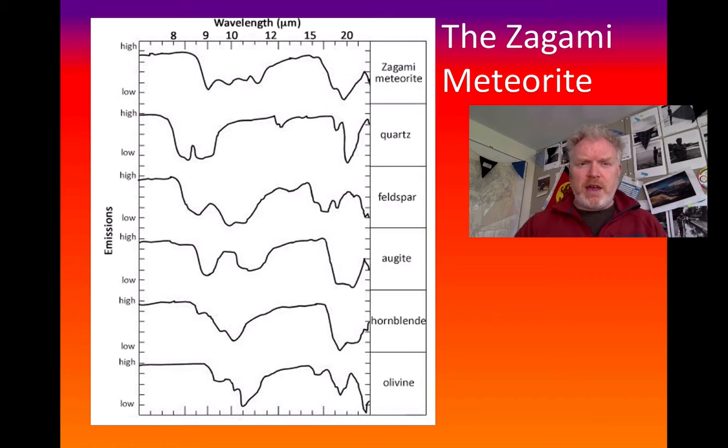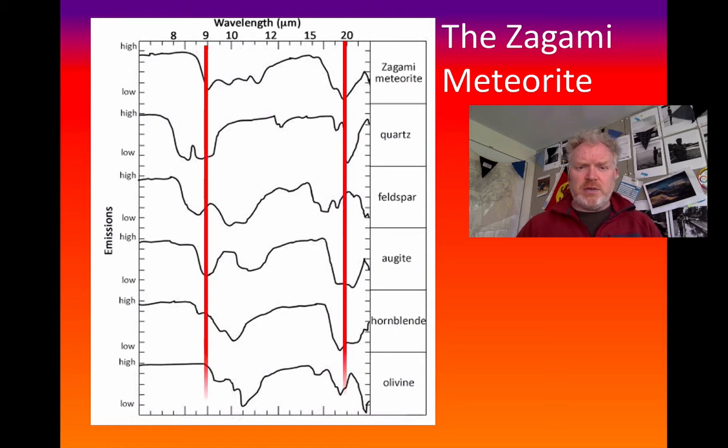Let's have a look at comparing perhaps some of the main low points from the Zagami meteorite emissions. If you look at the blue line, this also shows us perhaps a high point. From this then, can we work out which minerals are the best match?